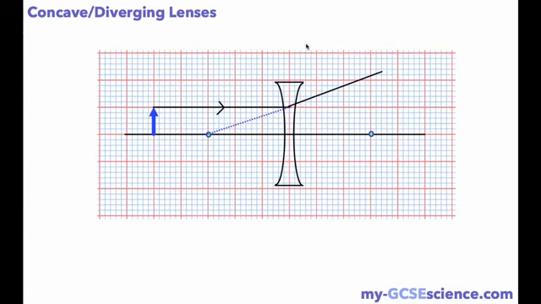Let's just draw our arrows in, and then from the point straight through the center of the lens, and where these two light rays cross, that's where our image is. Okay, so that should be as a dotted line. So again, diminished, virtual, and upright, and this is how we draw our light rays behaving with our diverging lens, and this is how the image is formed.